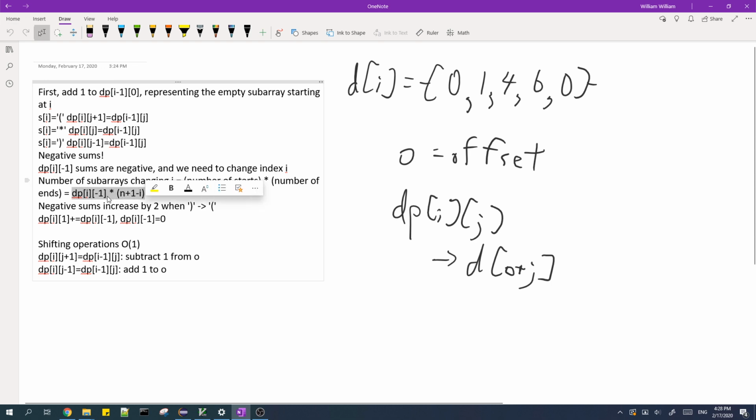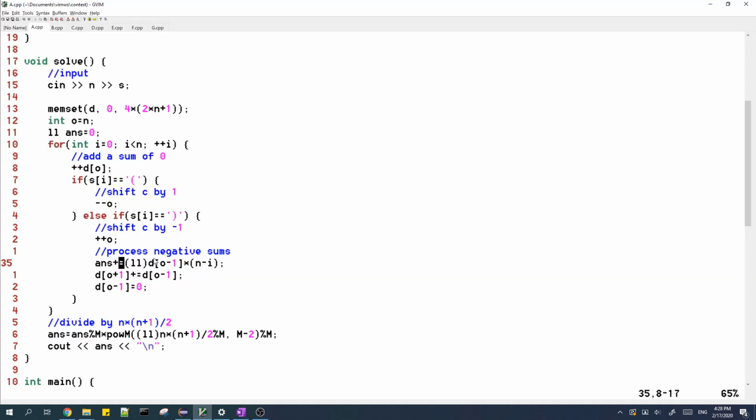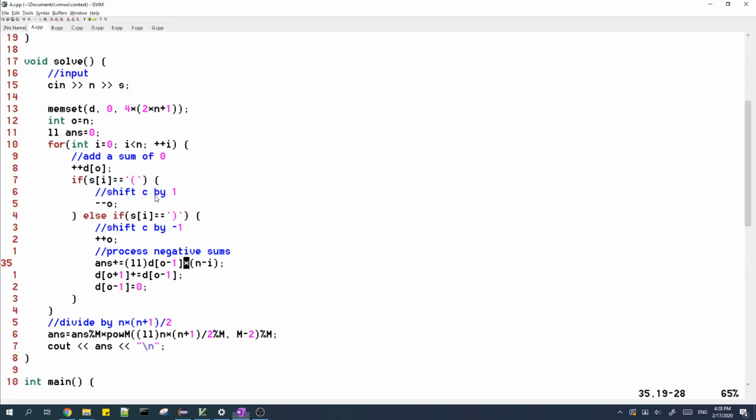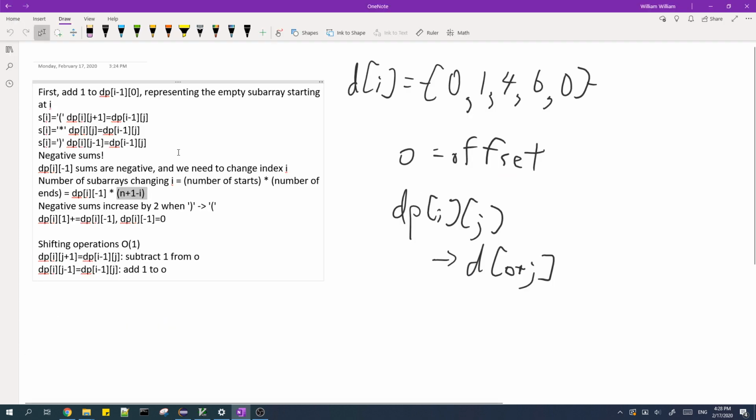So I take dp of i of -1, which in my code over here is just d of O minus 1. And then I multiply this by the number of n's. So in my code over here, I use 0 indexing, so the formula looks a bit different, but actually they're doing the same thing.